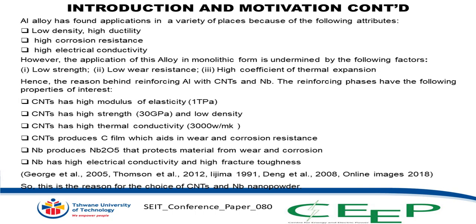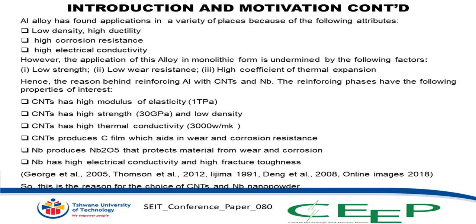Aluminium has low strength, low wear resistance, and a very high coefficient of thermal expansion. Hence, this is the reason why aluminium was always reinforced with some other particles. And in this work, aluminium was reinforced with carbon nanotube and niobium.